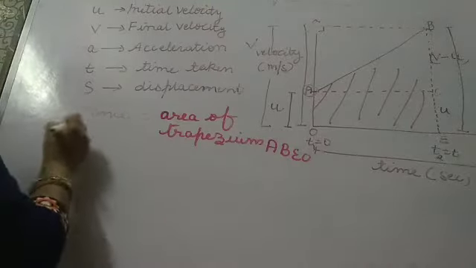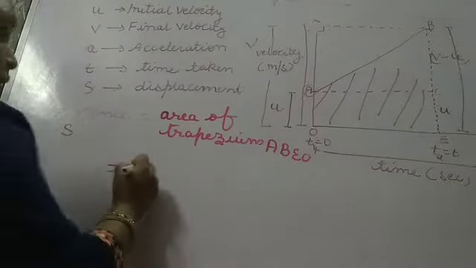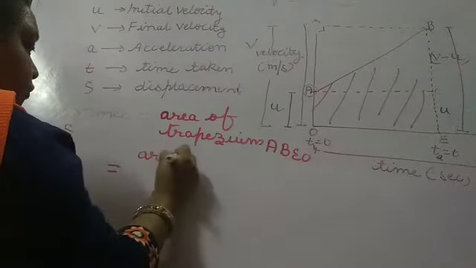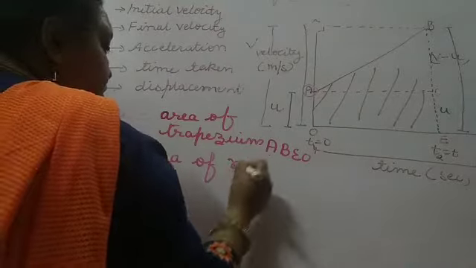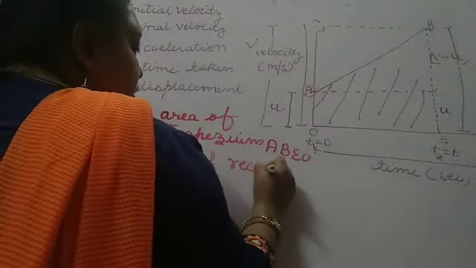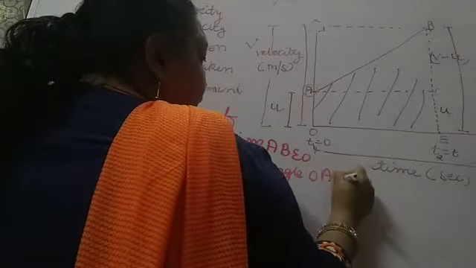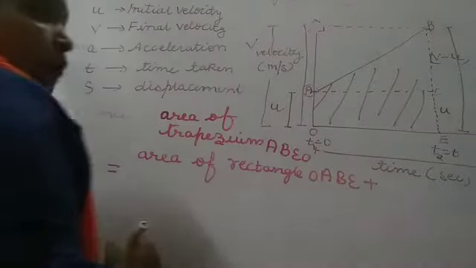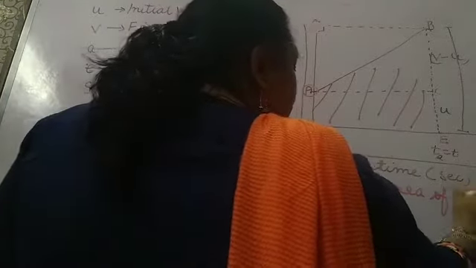So I can write the distance traveled s is equal to the area of rectangle OACE plus the area of triangle ABC.